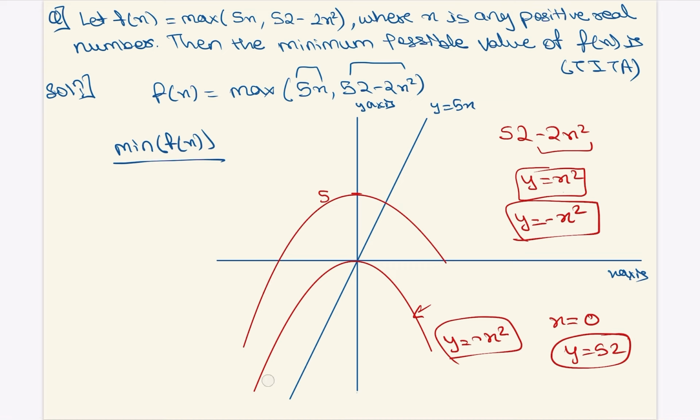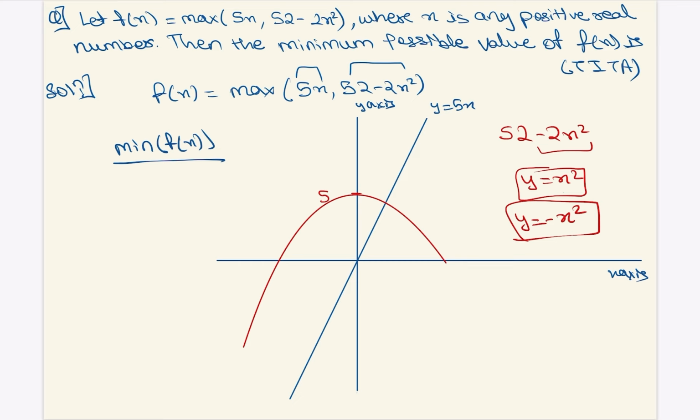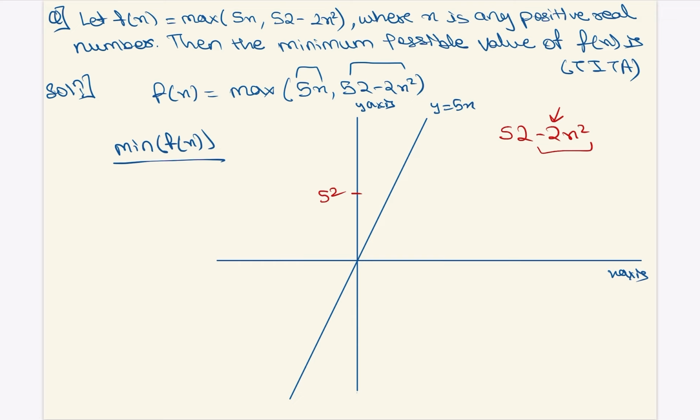My graph is now more like this. Fair enough. I just forgot to mention one point. This 2 does not change the nature of the graph, it just widens it. It creates a more diverged parabola. It does not affect the position of this. Okay.